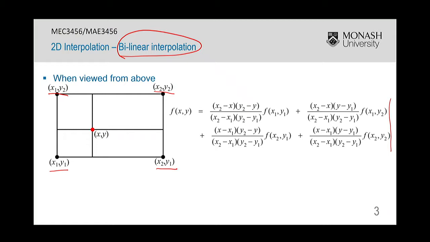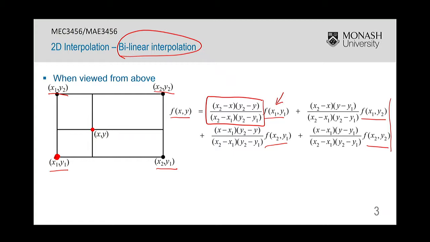So let's have a quick look at what this is actually representing. The function value at x, y depends on the function values at the 4 corner points. That's what we expect. But there's a multiplying factor out the front of each one. So let's look at these multiplying factors. Let's consider, to begin with, the function value at x1, y1. That's the function value at the bottom left-hand corner here.